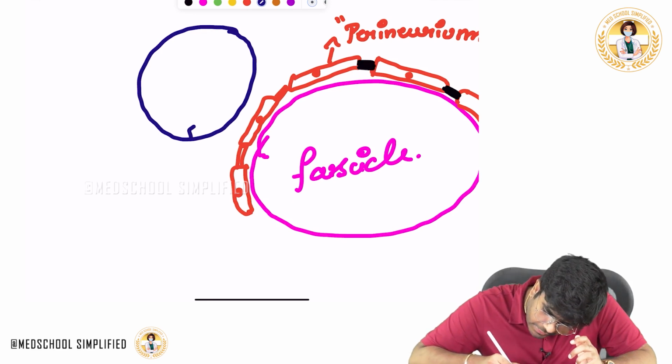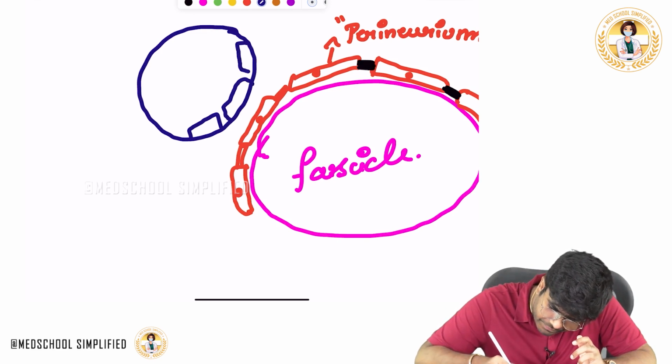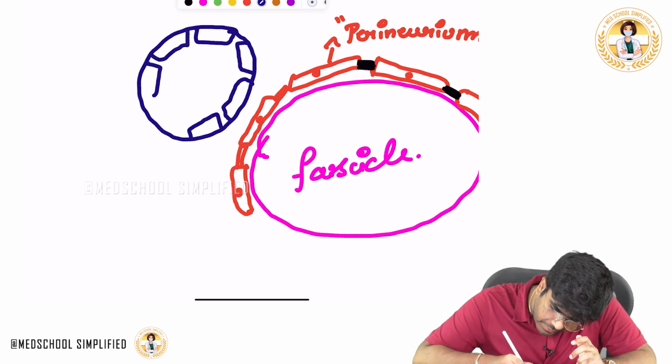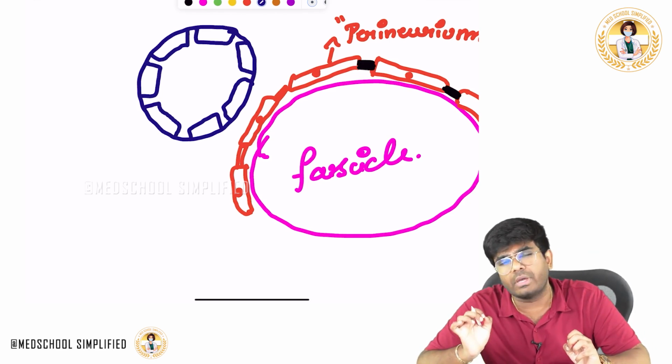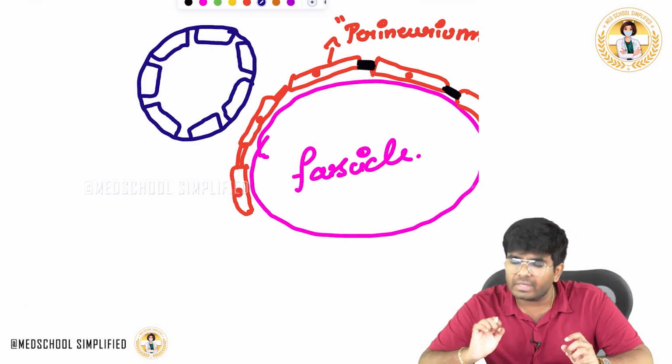Now even here, these blood vessels are lined by the endothelial cells. The gaps between these endothelial cells are also going to be very small, very less.